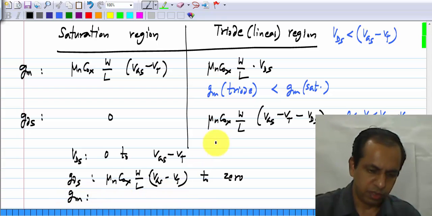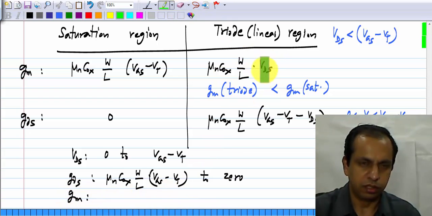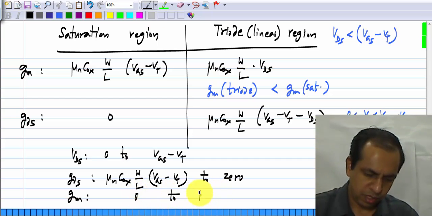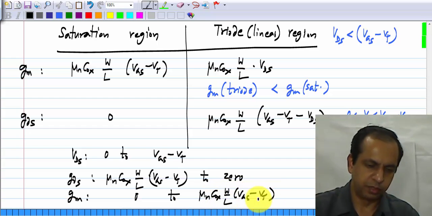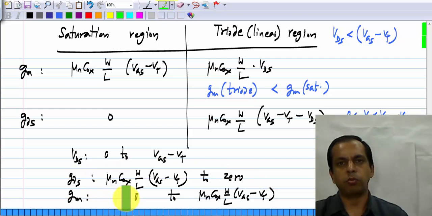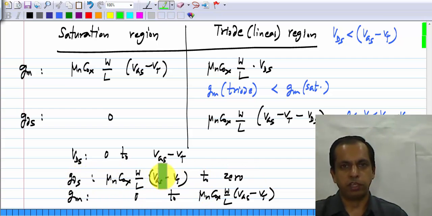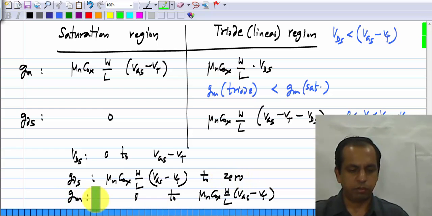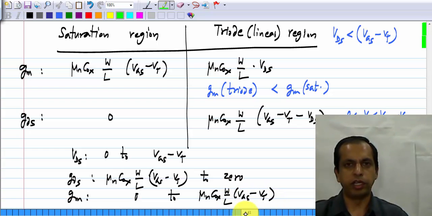And GM changes from 0, since VDS will be 0 initially, to mu n Cox W by L times VGS minus VT. So, these two change in complementary ways. GDS is maximum when VDS is 0, that is the transistor has no voltage across it. And in fact, the value of GDS equals the value of GM in saturation region. Okay. And it reduces to 0, whereas GM increases from 0 to mu n Cox W by L times VGS minus VT. Okay.